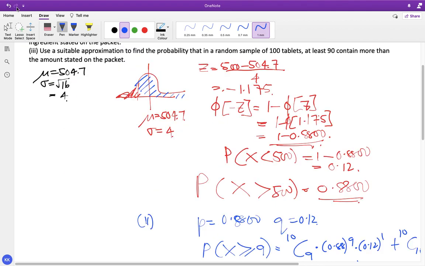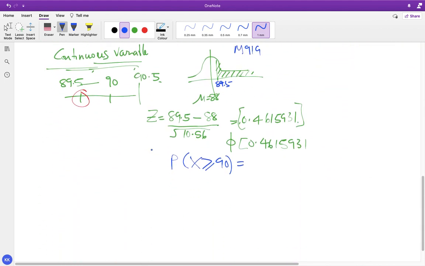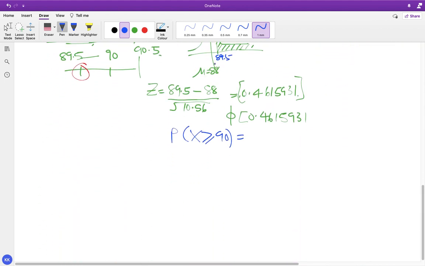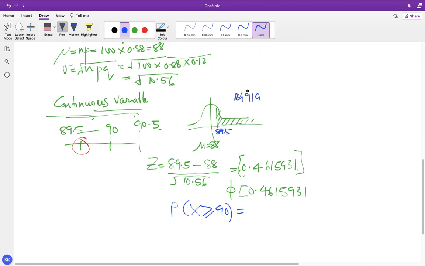MF19 gives me the area towards the left, so 0.6779 is the area towards the left of 89.5, the blue color, but that's not the area that I want.